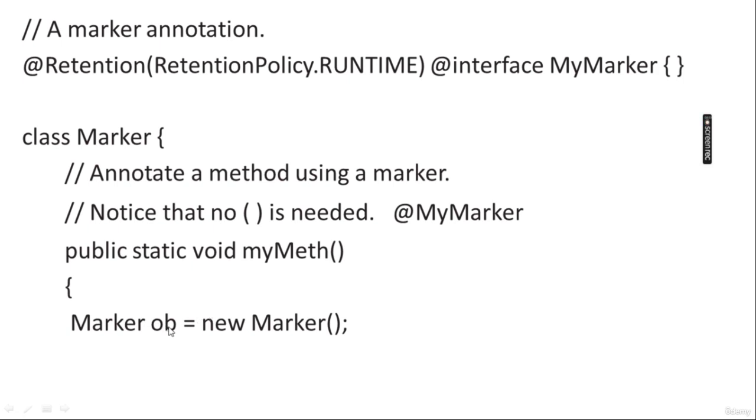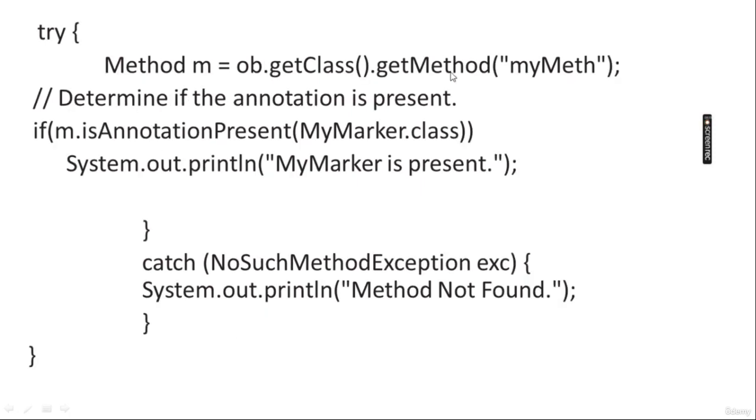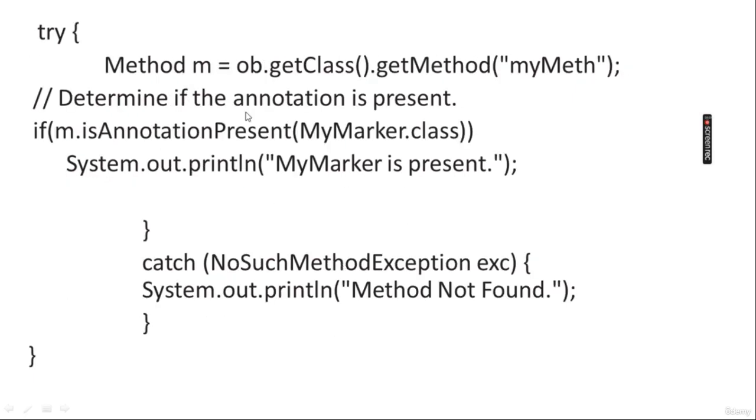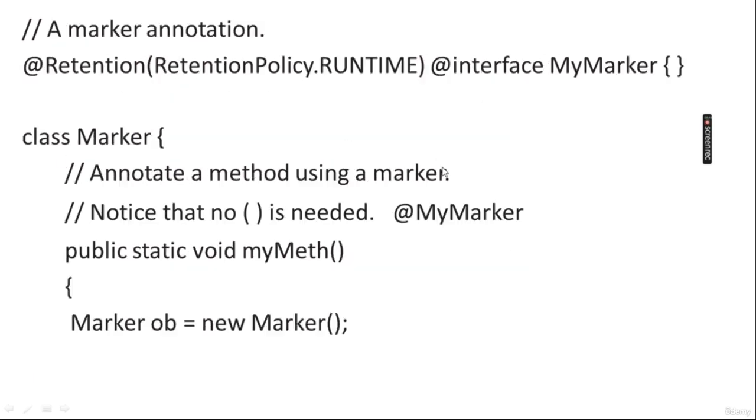Then in main, I created an object of MyMarker, new MyMarker. This is the class, and the object is created. Then object.getClass().getMethod("myMethod"). This is the method, and we determine if the annotation is present. If method.isAnnotationPresent(MyMarker.class), it will return true and the marker is present, because the marker annotation is provided over here and nothing is initialized inside the opening and closing curly braces.